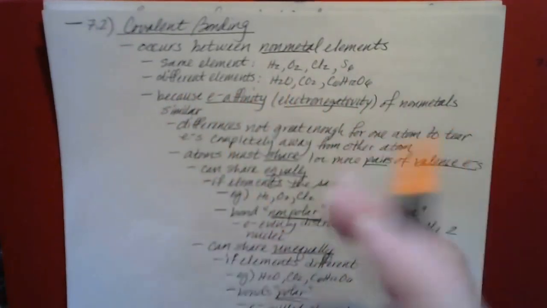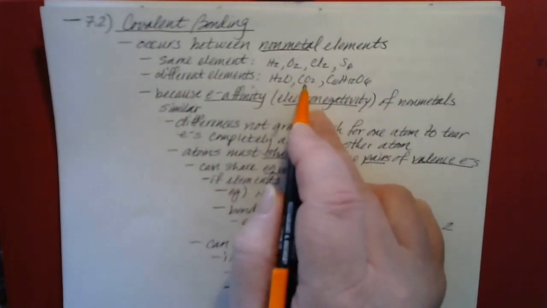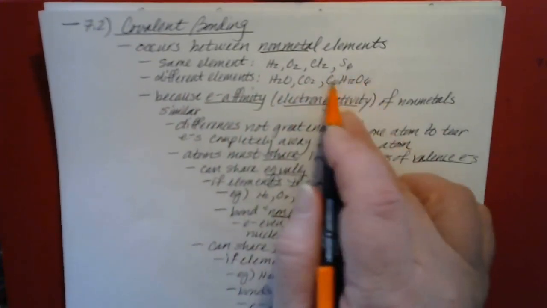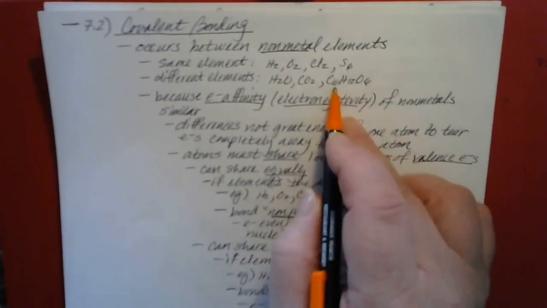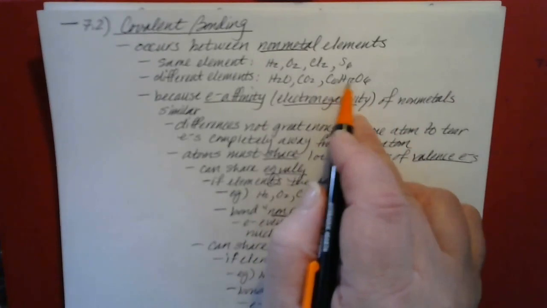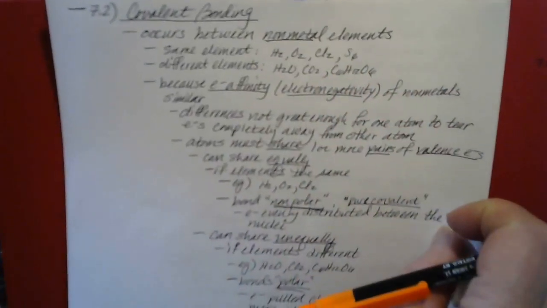Hydrogen and oxygen are both nonmetals. They're connected by covalent bonds. Carbon dioxide. Carbon and oxygen are both nonmetals, and they're connected by covalent bonds. Glucose, or actually any number of other sugars, have this same formula, just different arrangements of the atoms. Carbon, hydrogen, and oxygen, they're all nonmetals, and they're all connected to each other by covalent bonds.